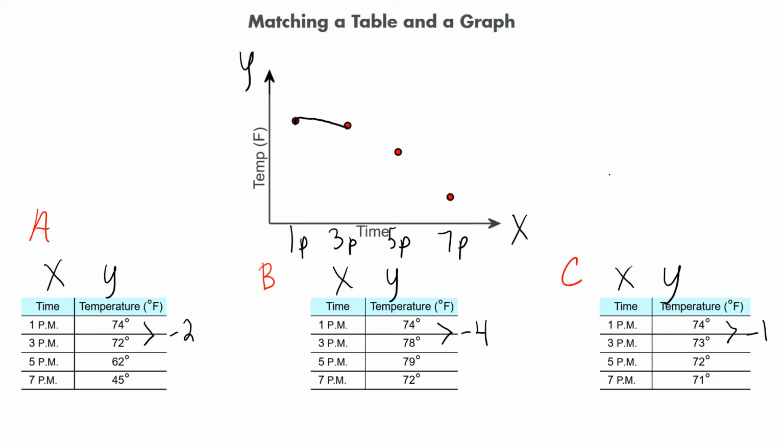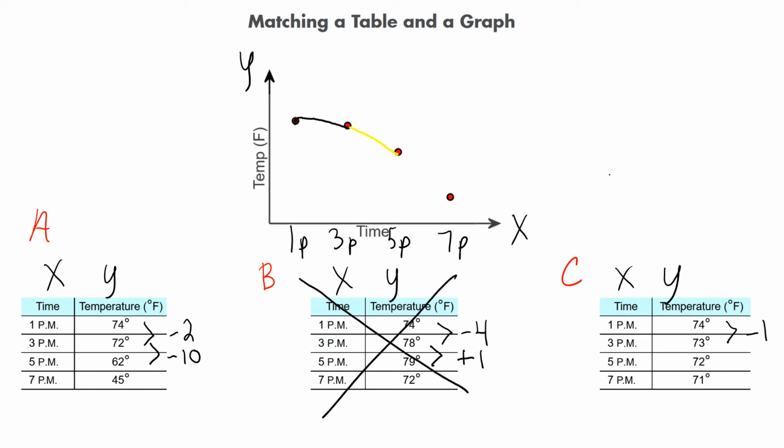So let's go back to A and do time interval from, let's do 3 to 5, this section. Now it's going down quite a bit, so we want to find something that's going down quite a bit. So this is 3 to 5, 72 minus 62, it's a -10. 78 minus 79, if you look here, this is actually going up. So B is not possible. Okay, so we've eliminated B.